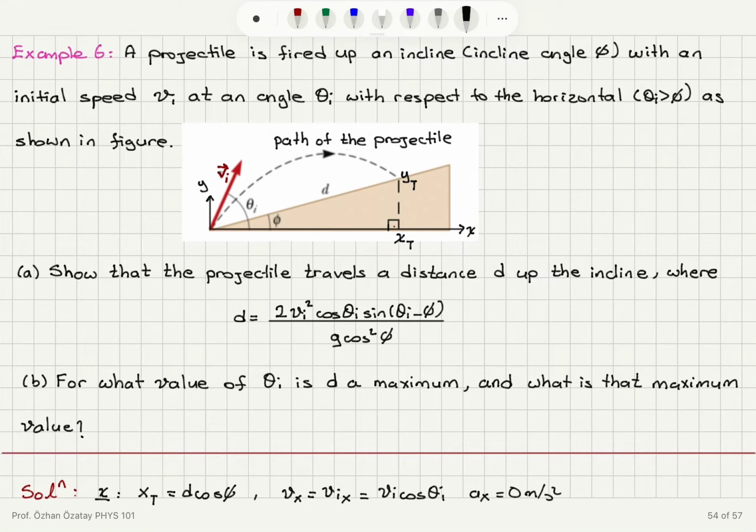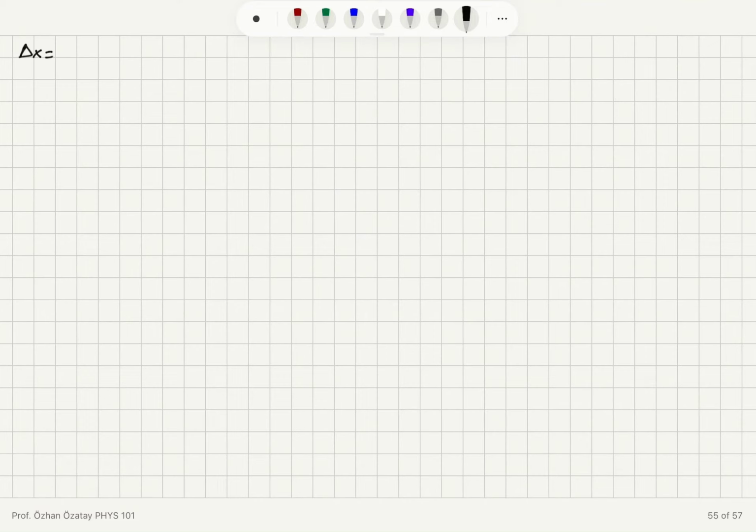Now assuming that this motion starts from the origin 0, 0, delta x is the range I travel, xt minus 0, which is the integral from 0 to t of vx dt, which is the integral from 0 to t of the initial velocity vi cosine theta I dt, which will give me for the range vi cosine theta I times t.